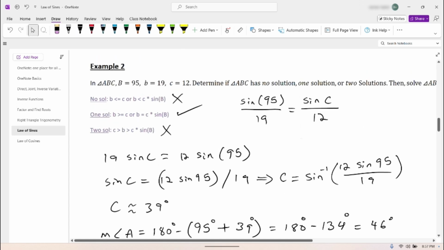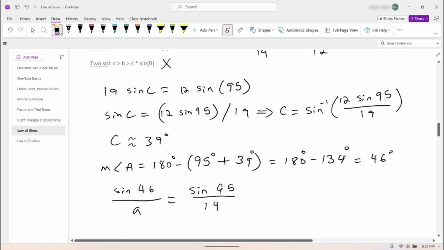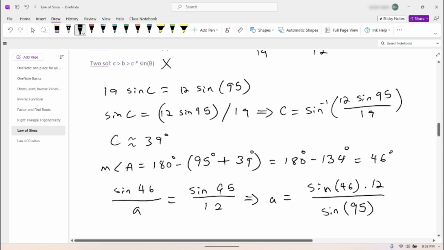We're going to use B over 14. Let me make sure it is 14. It's 12. C is 12. All right. So A equals sine 46 times 12 over sine 95.